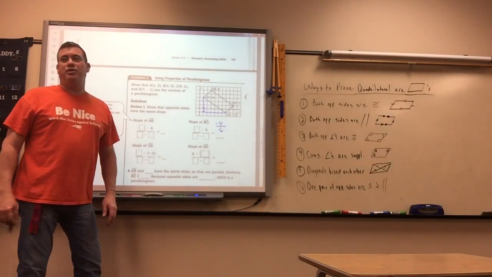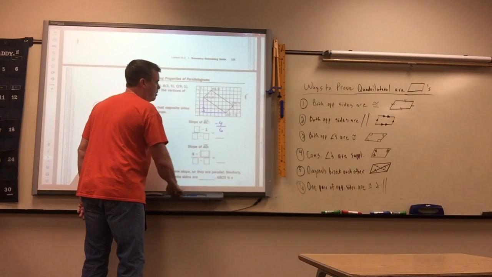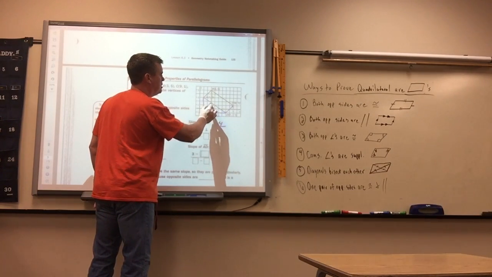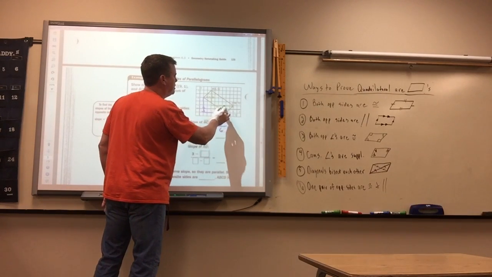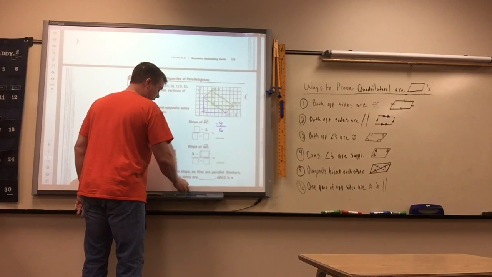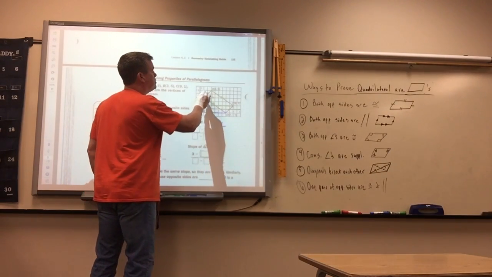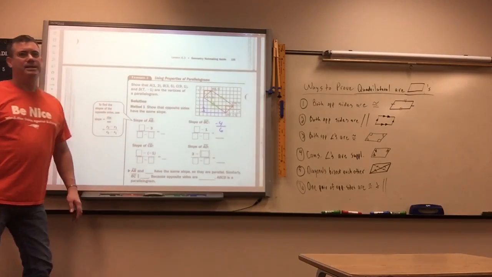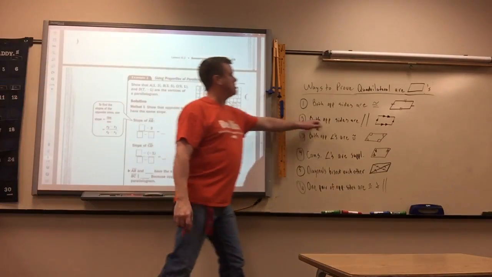So what you got to do is check the other one. Does the other one go down 4 and over 6? Down 4, 1, 2, 3, 4, and over 1, 2, 3, 4, 5, 6. So I know these two are parallel. And then this one goes up 2 and over 2, up 2 and over 2. So they're parallel. So both opposite sides are parallel.